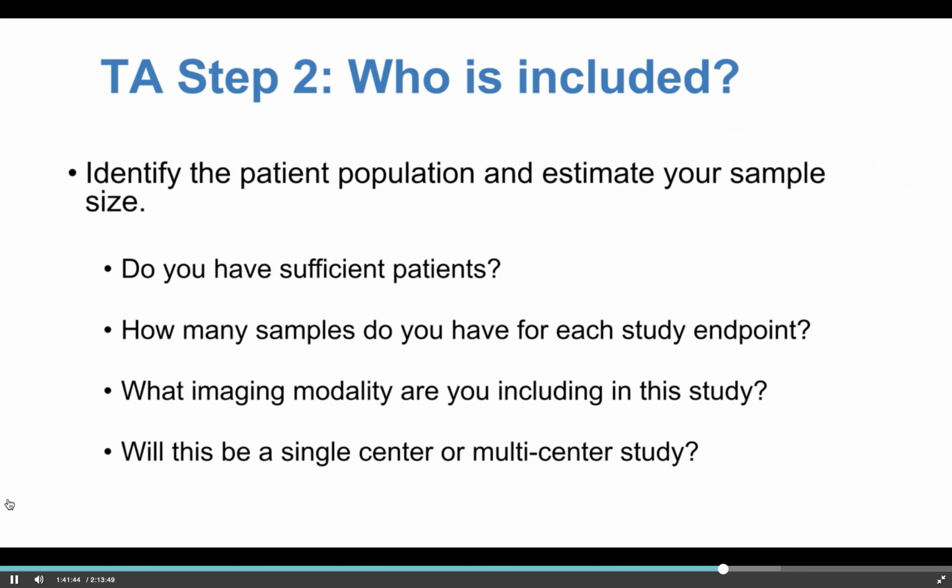When you're first starting out, usually it's going to be a single center study. But eventually, you also want to move towards multi-center studies so that your results can become more generalizable, that it's not just specific to the imaging protocols at your institution, that the results can be applied to other institutions as well.